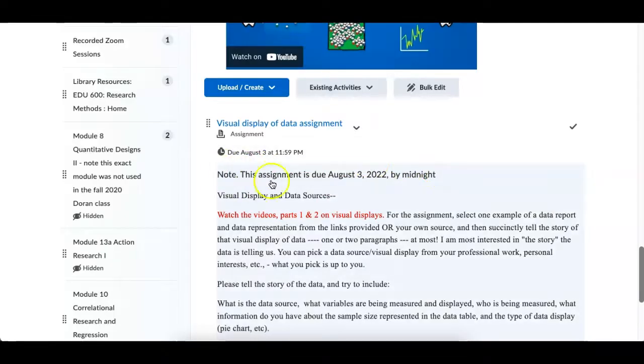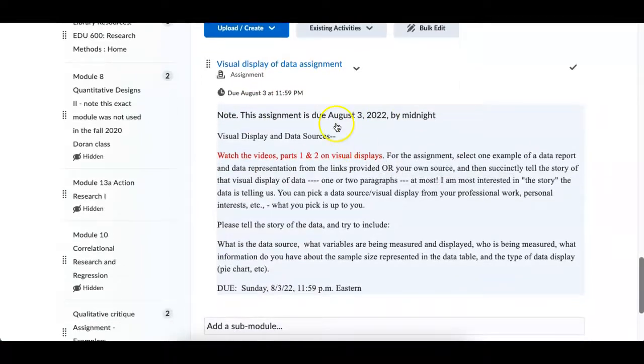First thing I'd like to mention is that the assignment's due on August 3rd. This was originally due on the 31st of July, and once again, this visual display assignment is due on August 3rd. If you want to get it done by the 31st, that would be fine.